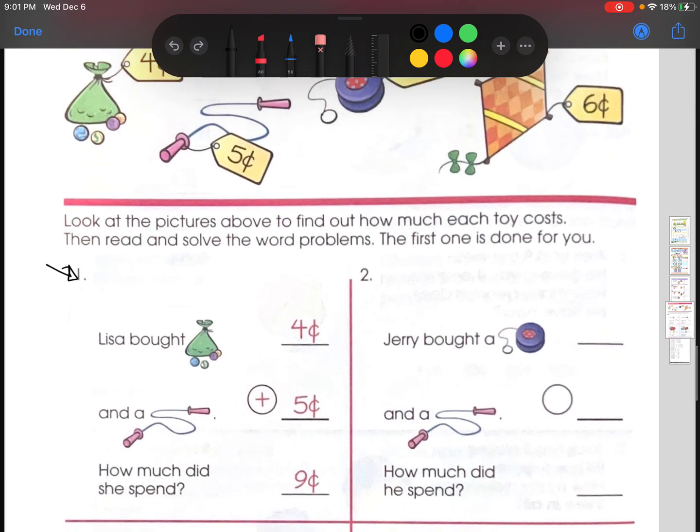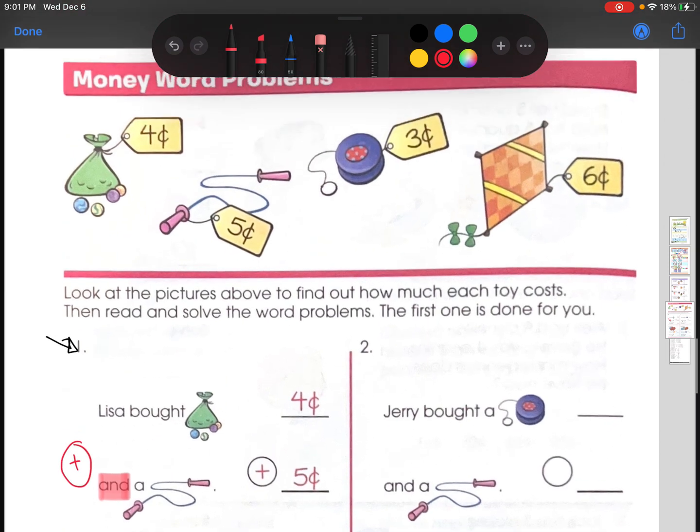So because it's an and question right here, that means it is going to be addition, right? So if we look up at this picture up here, we can see that this bag of marbles is 4 cents, and this jump rope right here is 5 cents.